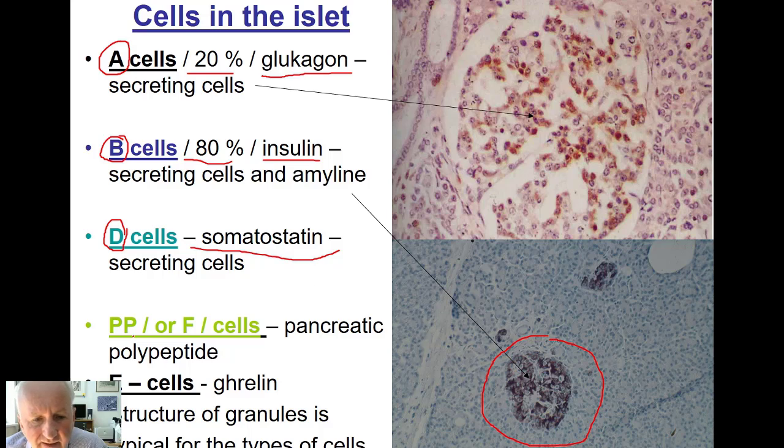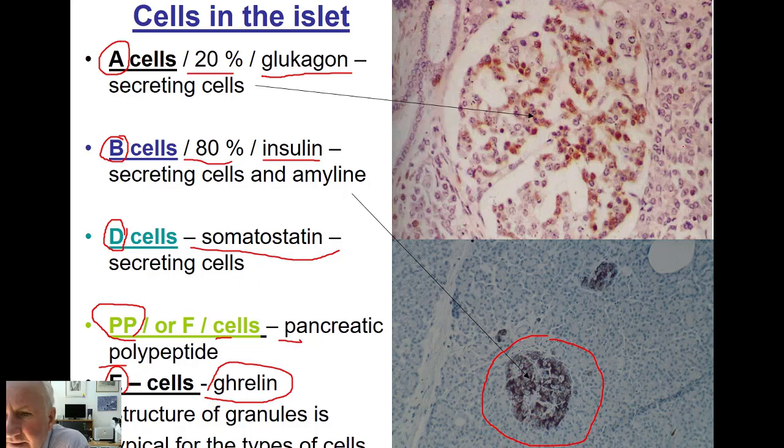Then we have the PP cells, producing PP, pancreatic polypeptide, the next hormone, and a little amount of so-called E cells producing ghrelin, because this hormone is produced mainly in the stomach, in the diffuse neuroendocrine system in the stomach, but a few cells in the pancreas can produce this hormone as well.